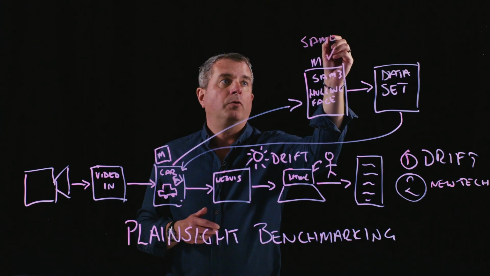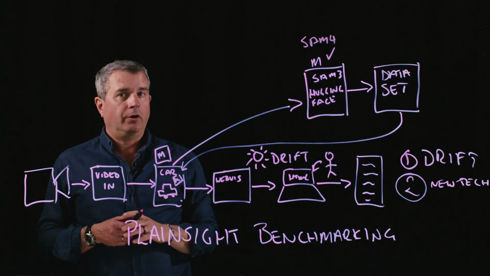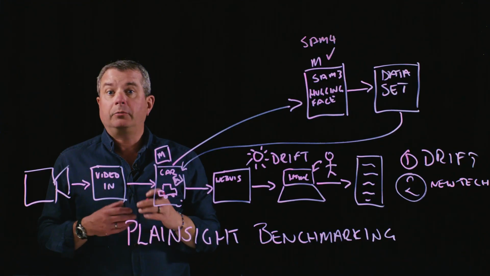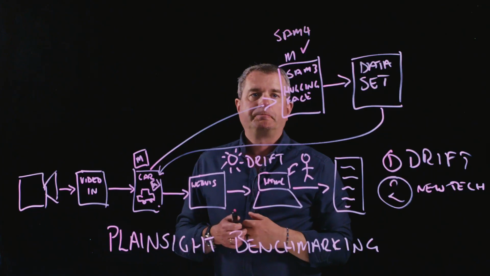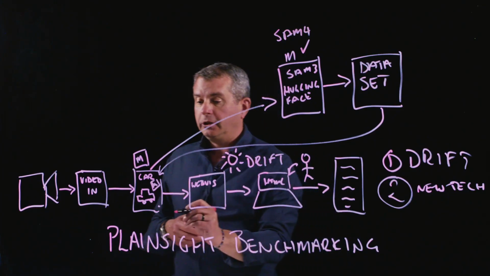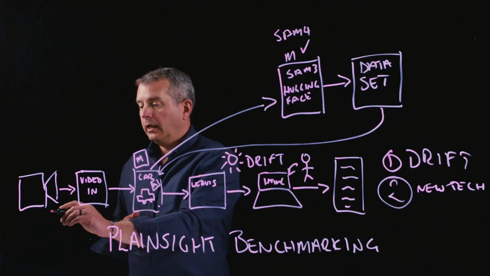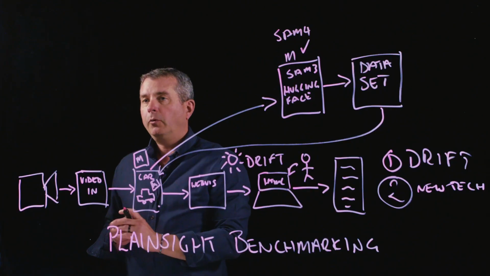Maybe a SAM4 model, right? But a new model that actually offers improved detection or is able to detect other things of interest within the same model. It may be new hardware, right? That's being used in the premises where the cameras are deployed.